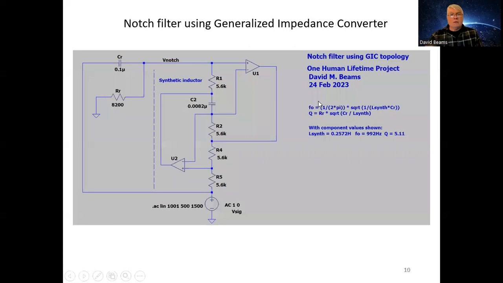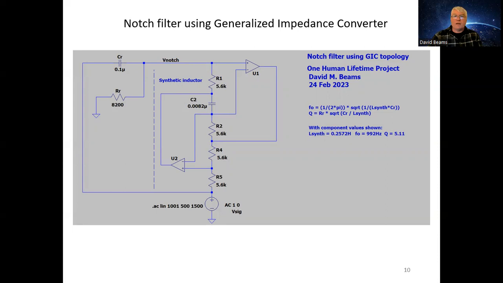Okay. And here is the notch filter example of the generalized impedance converter circuit. This particular circuit here to the right of this dashed line is a very interesting topology. This circuit uses 2 op amps and 5 impedances. And if you were to make either impedance 2 a capacitor or impedance 4 a capacitor, then this circuit appears as a synthetic inductor.